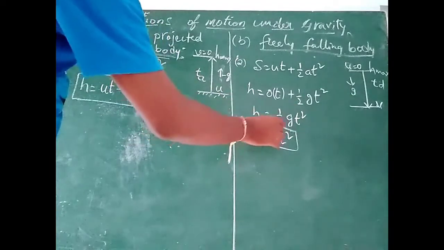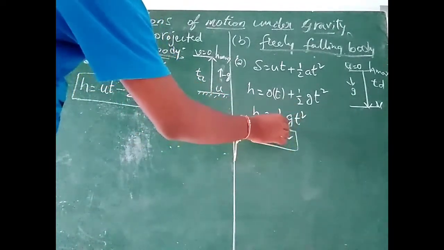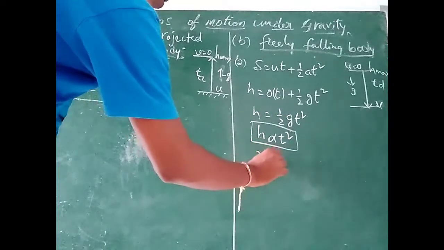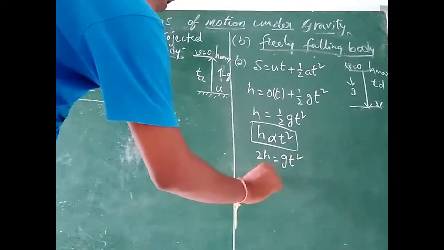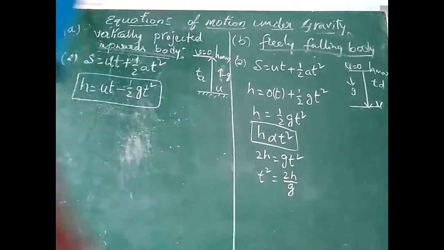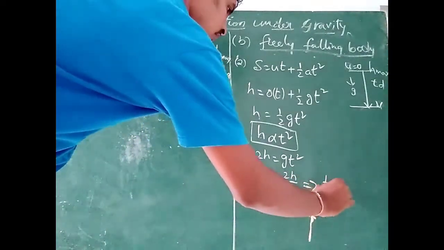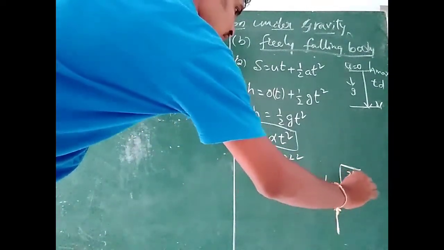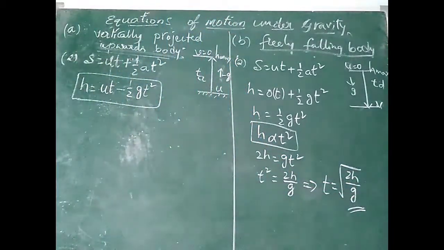From this equation I want to get t. So 2h is equal to gt square, t square is equal to 2h by g, so t is equal to square root of 2h by g. Important formula.